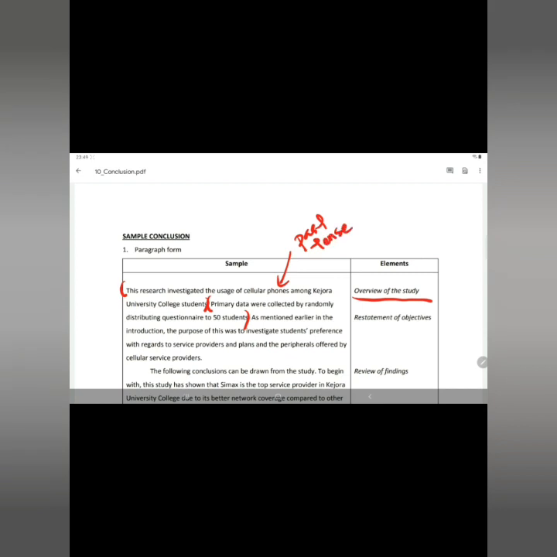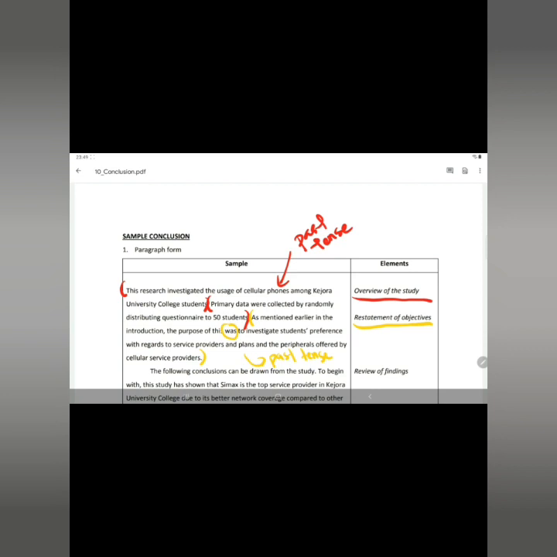Okay, next, you will have the restatement of objectives. This is the part which you have to write the restatement of objective, and you have to use past tense. Okay, clear?